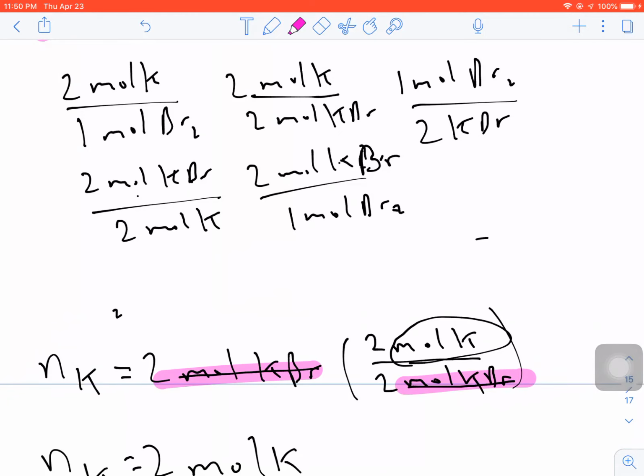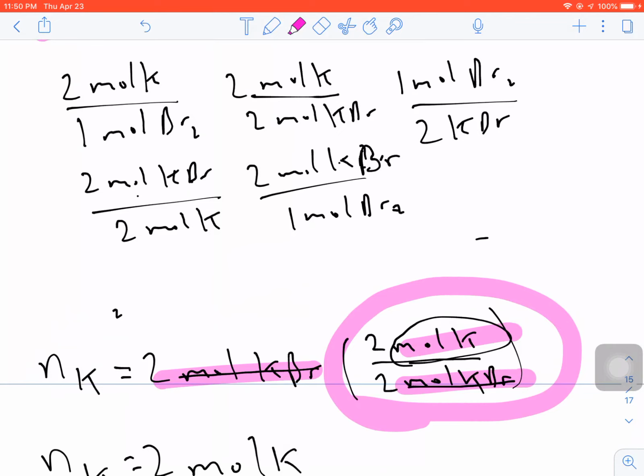When I get rid of the moles of KBr, I'll be left with just moles of K. So the trick to this whole thing is figuring out which mole ratio to use to get the answer. Okay, I'm actually going to do one more example.